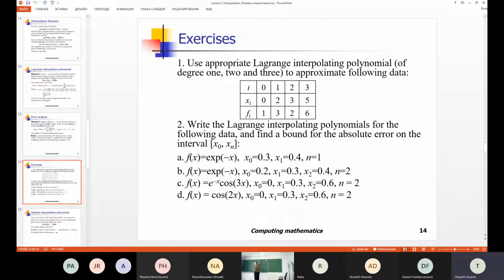X equals 0, f of x equals 1. X equals 2, f of x equals 3. So this is x0, this is x1, this is y0 and y1. Suppose we have such a table.